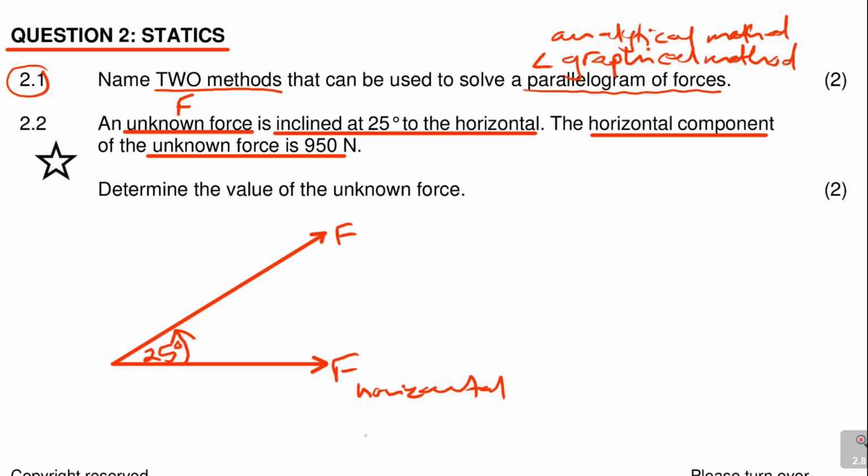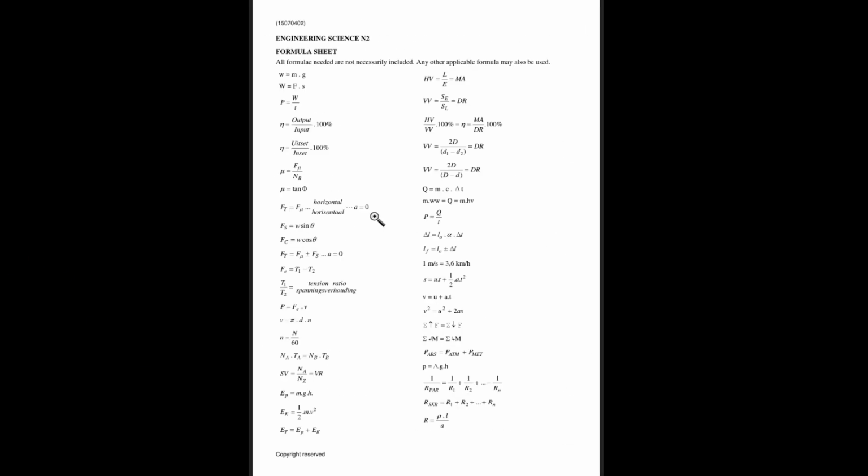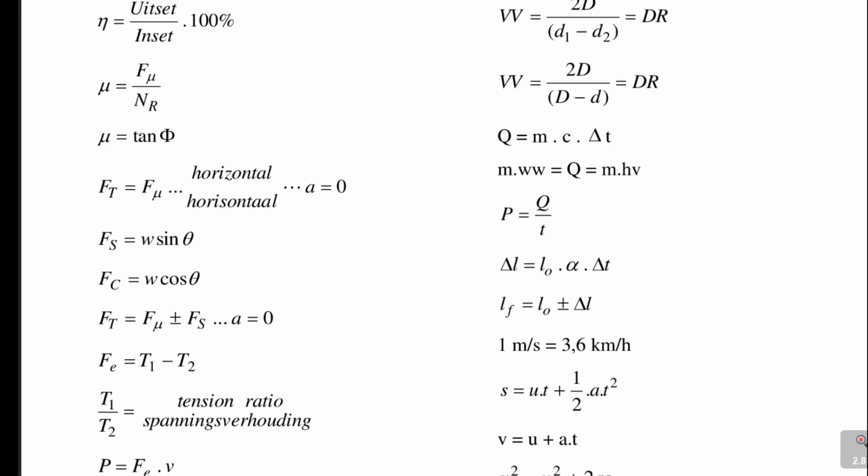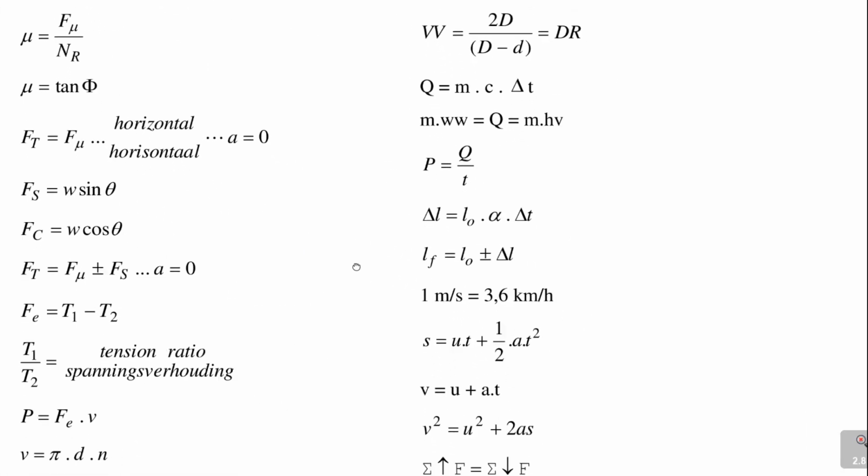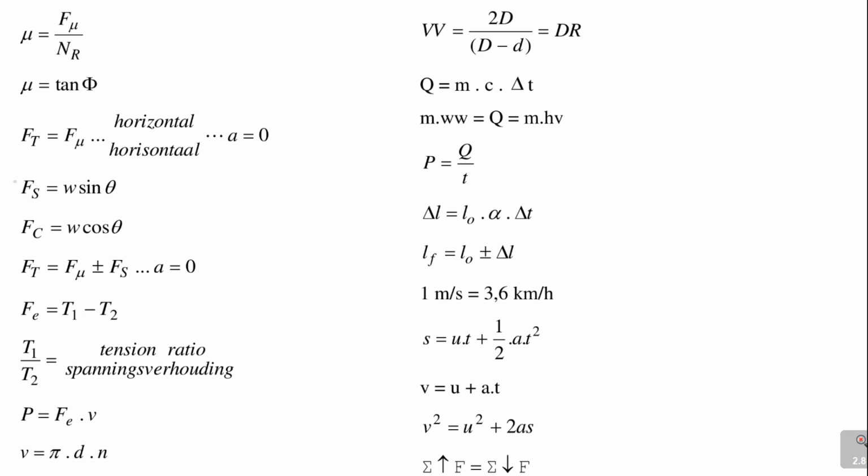Alright, but if you check the formulas, go to the formulas at the back. If you check the formulas here, there is the horizontal component, which is here. That's what you are using when you talk about vertical and horizontal component. So FC here is your horizontal component.